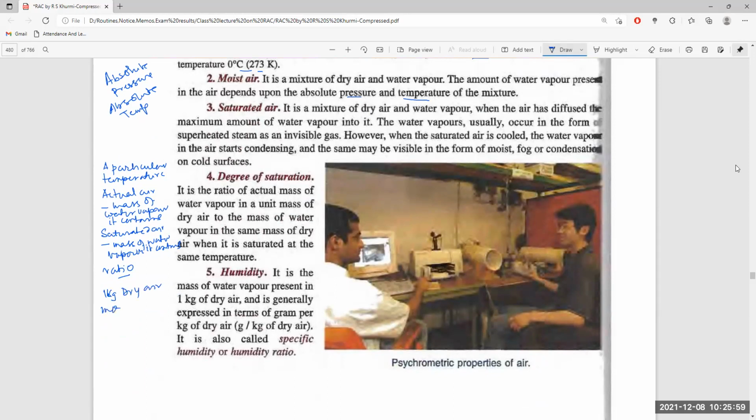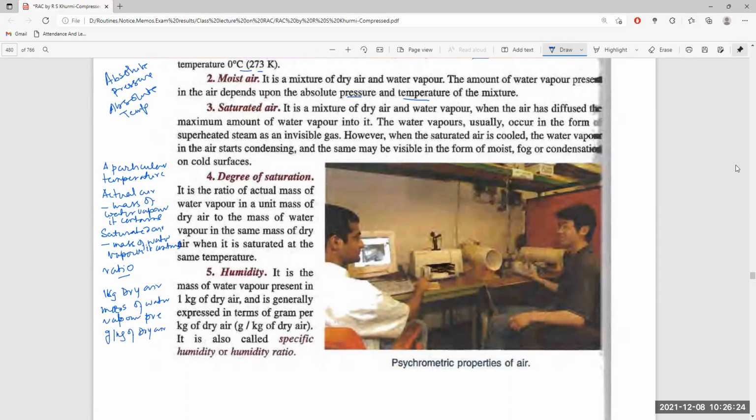It is the mass of water vapor present in it, expressed in gram per kg of dry air.